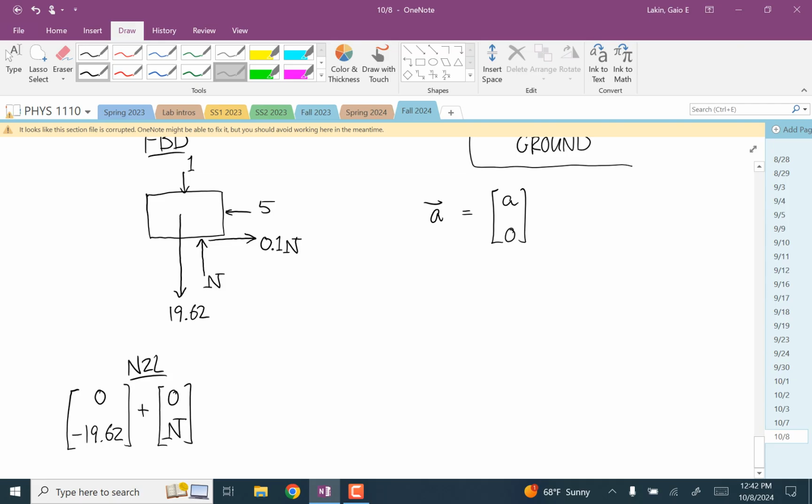What are the components of this friction force that's in the positive x direction? (0.1N, 0). Exactly. The 5, this one's in the negative x direction.